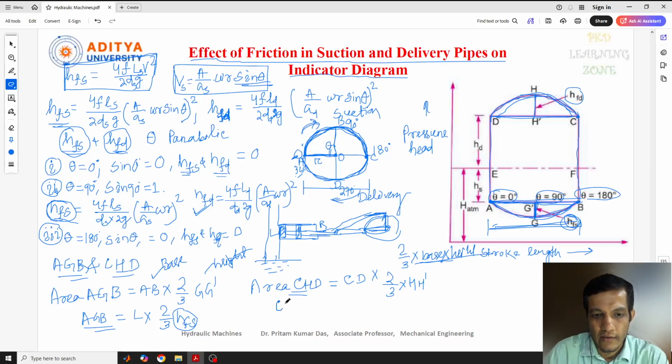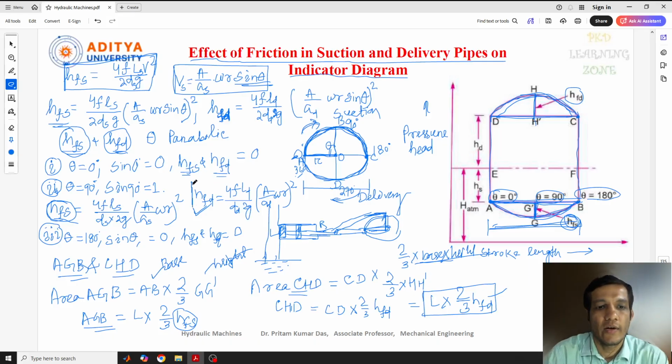The area of CHD equals CD into 2 by 3 into HFD, the height of this. Just put the value here: L into 2 by 3 into HFD. So this is the area of CHD. And the value of HFD is the equation I have written here.